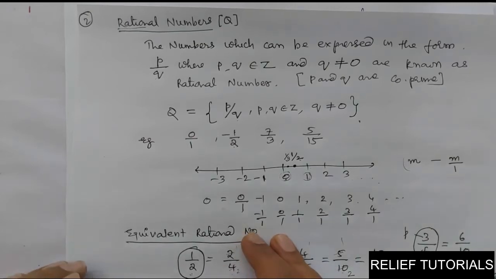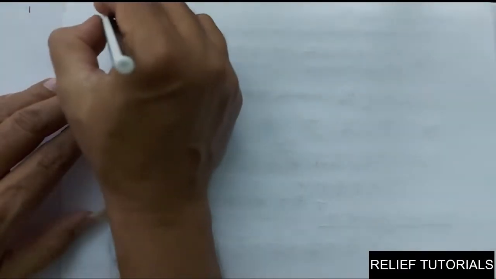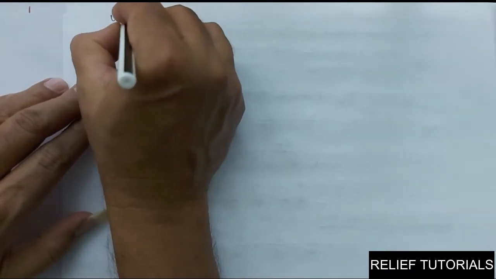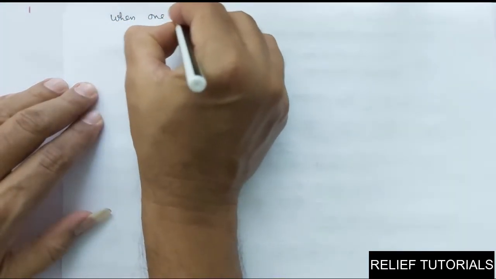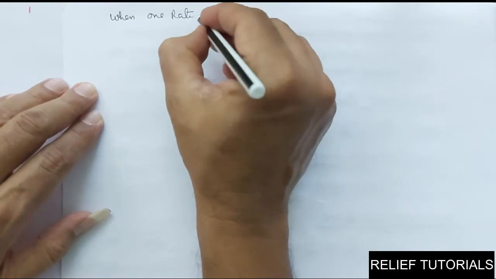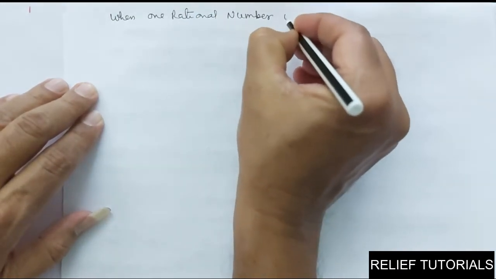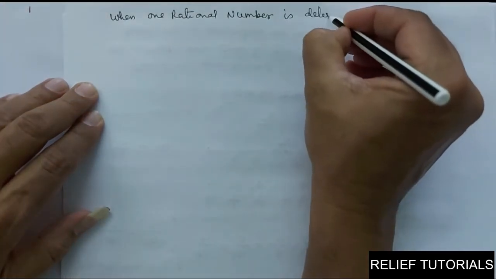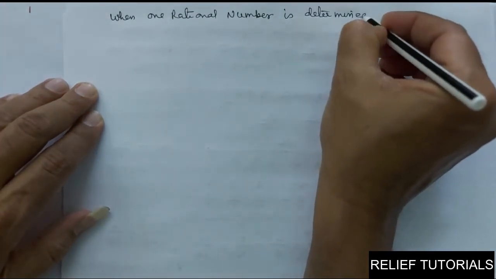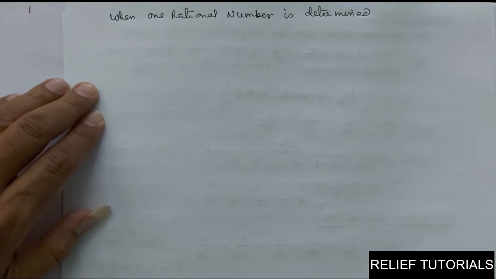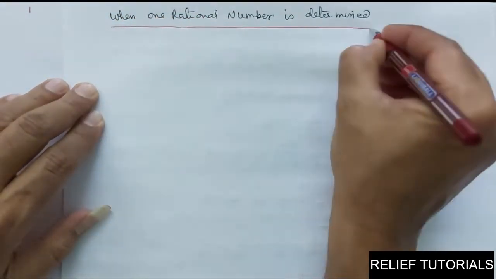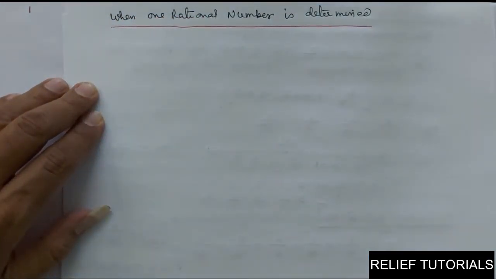Now we are going to find a method to find rational numbers between two rational numbers. See, this method is very important. First, when one rational number is to be determined.